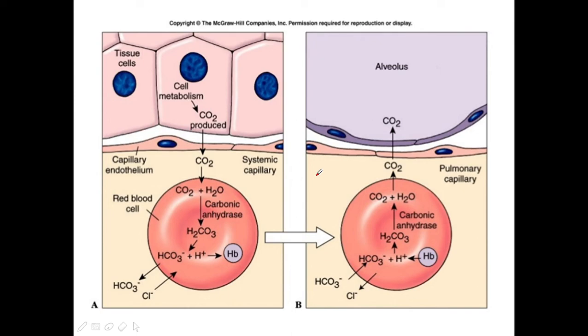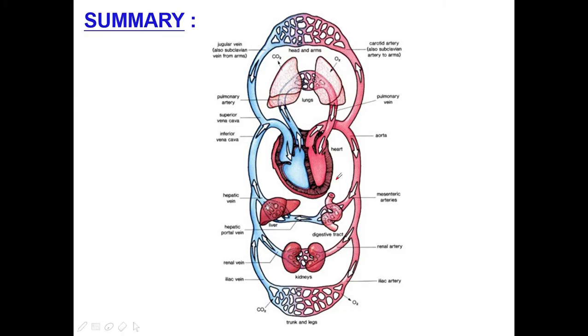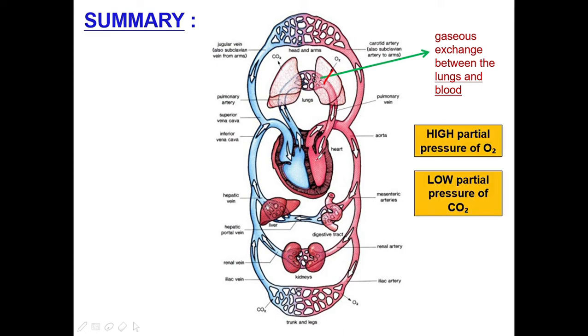Okay, so here is the summary of what we have learned. Gas exchange between the lungs and the blood occurs at this region. So, the blood transported from the lungs through the pulmonary vein and entering the heart has high partial pressure of oxygen but low partial pressure of carbon dioxide. So the heart then will do its job pumping the oxygenated blood to all parts of the body.